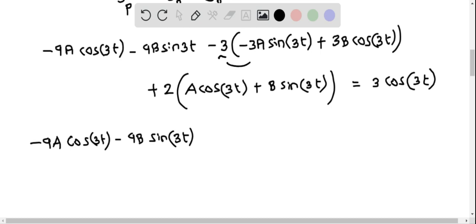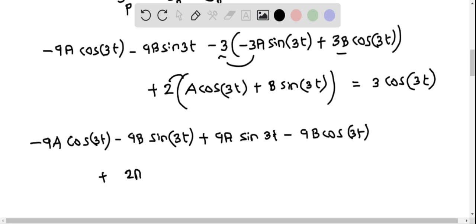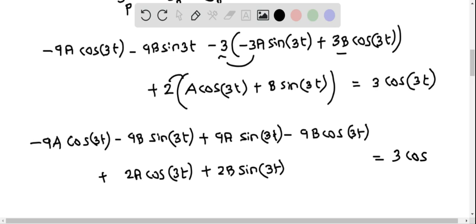Negative 3 times negative 3a is positive 9a sine of 3t, and then negative 3 times positive 3b is negative 9b cosine of 3t, plus 2 times a is 2a cosine of 3t, plus 2 times b is 2b sine of 3t. You can put brackets for this, and this equals, on the right side, 3 times cosine of 3t.